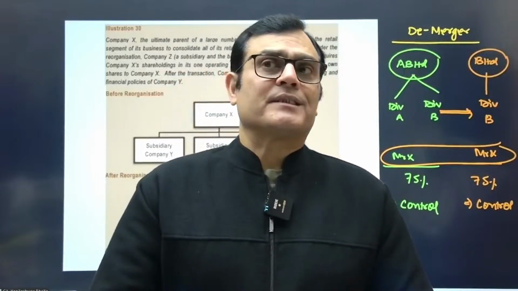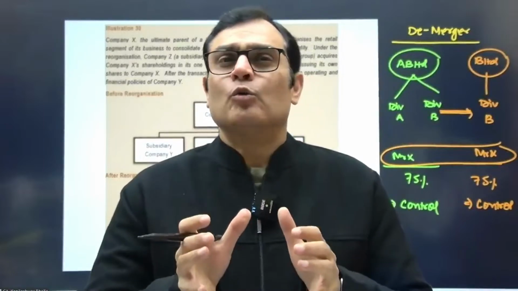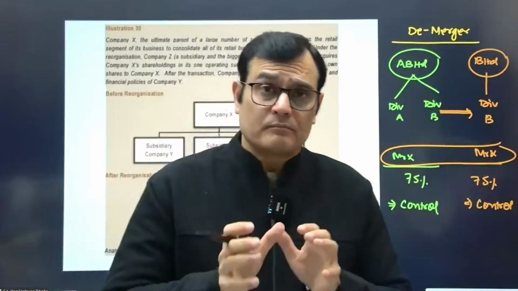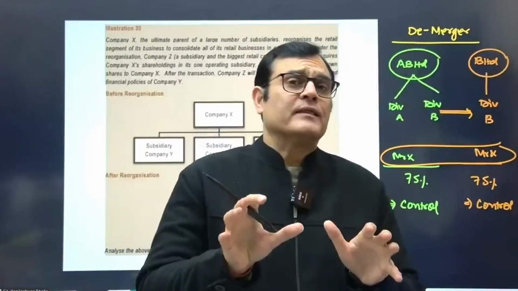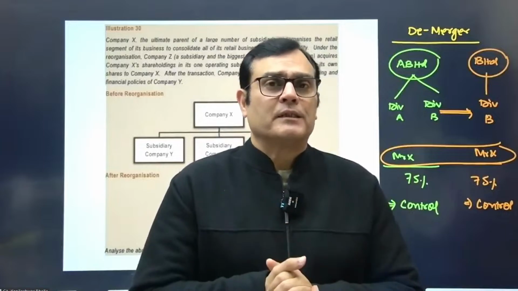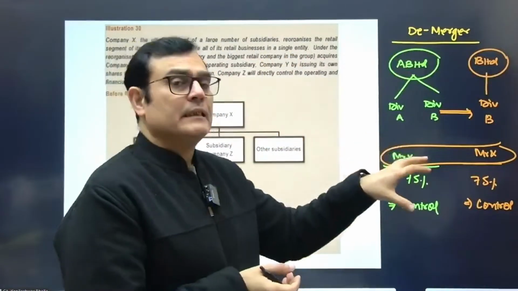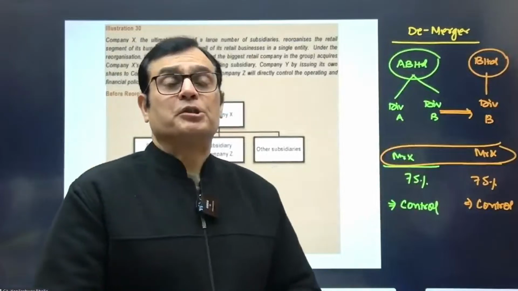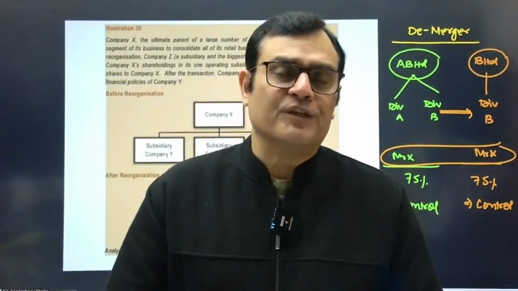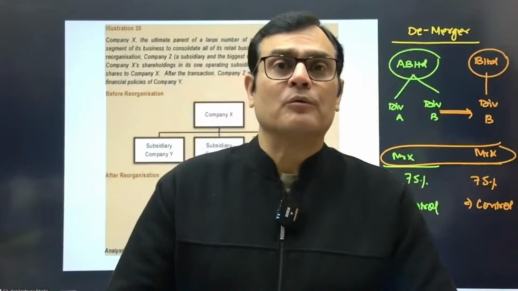But the standard setters decided that a concept of a pooling of interest can only apply if it is supposed to be a related party transaction. So they decided that if there is a transaction which is happening between related parties, if you can prove that the control pre and the control post business combination lies with the same shareholder or lies with the same group of shareholders, then I will give them the advantage of doing a book value accounting.